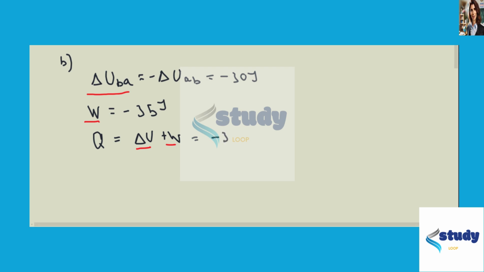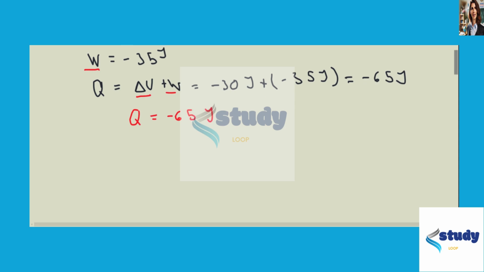Negative 30 joules plus negative 35 joules, and this is equal to minus 65 joules. So the final answer for this part of the problem is that Q equals minus 65 joules. And this means that the heat is getting out of the system. It is being liberated from the system, which is corresponding to this part of the problem.